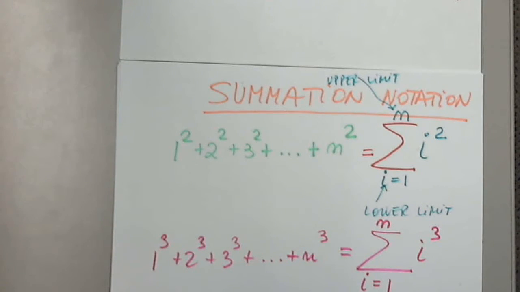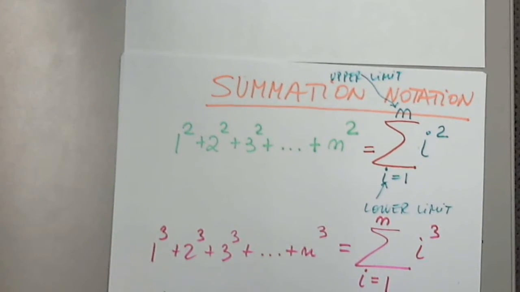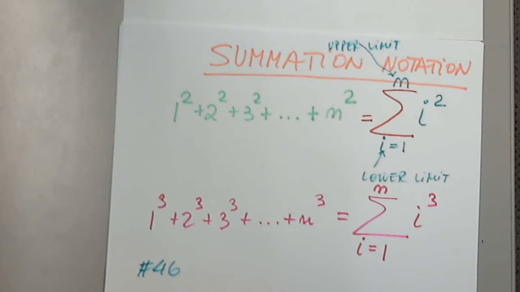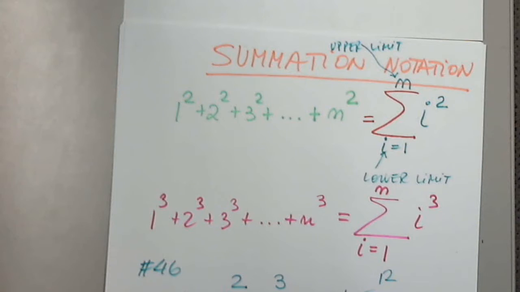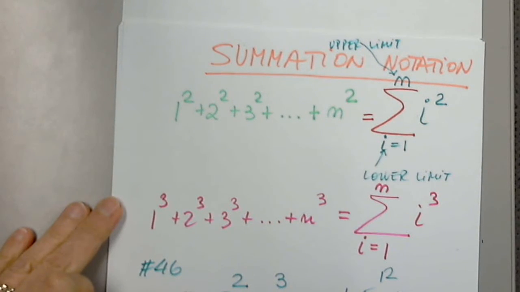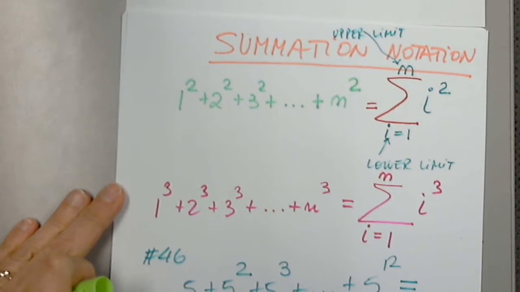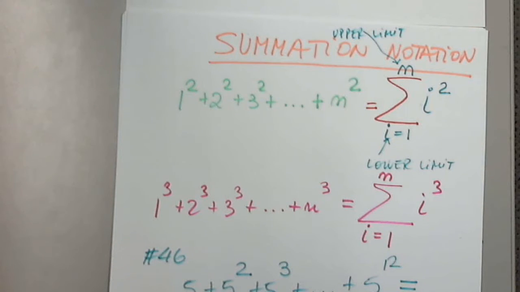Here's the first one, 46. 5 plus 5 squared plus 5 cubed plus dot, dot, dot plus 5 to the 12th power. They want us to use the summation notation to express this. Yes, I'm ready. Sum from I equals, exactly, I equals 1 right here.